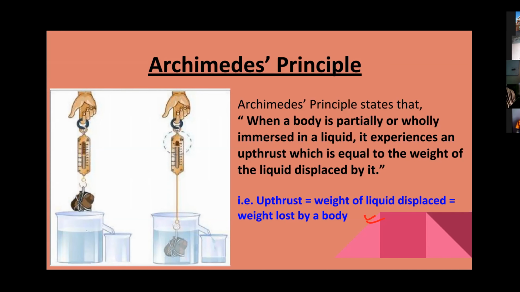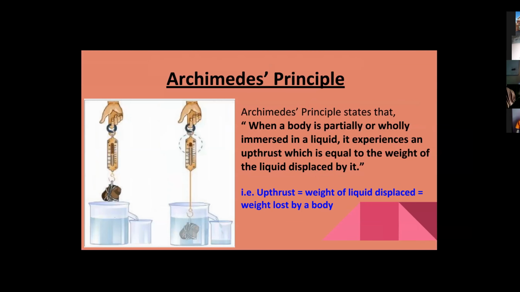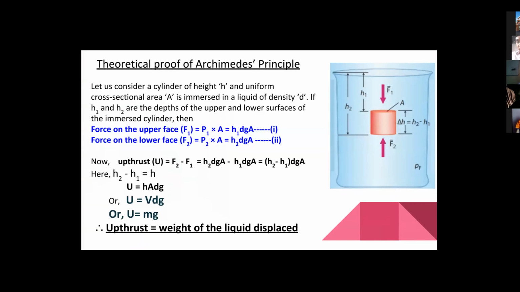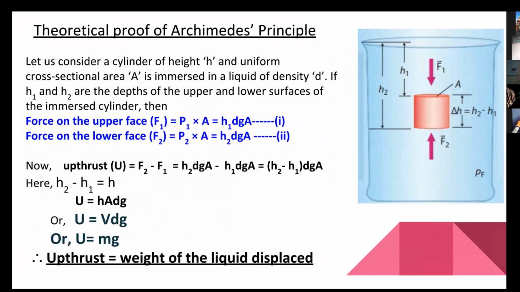Then students, I request all of you to be ready with copy and pen. Now we are going to write in the copy. This derivation, or proof, shows that Archimedes principle holds true, that this is a law that really occurs in nature.